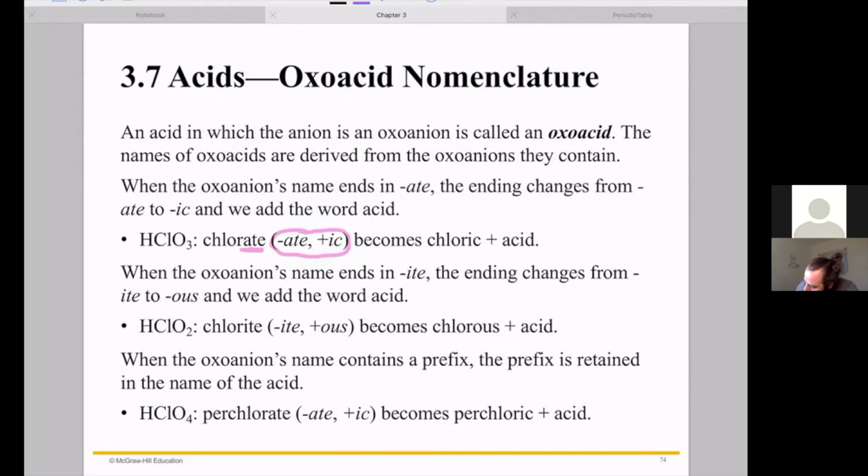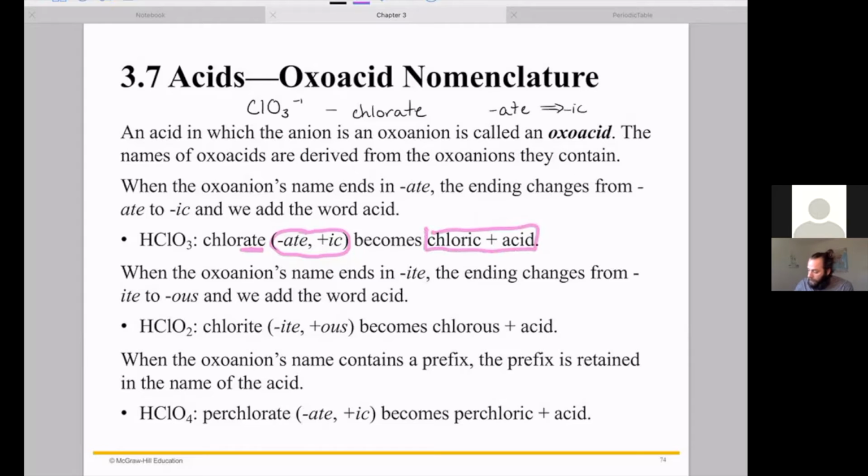So ClO3 minus was a chlorate. If we make it into an acid, it becomes chloric. So now HClO3, and you actually don't put the hydro in front when it's a polyatomic ion acid. So this isn't hydrochloric acid, that's what the other one is. This is just chloric acid. Again, the ate turns into an ic, and so that's why this is chloric acid.